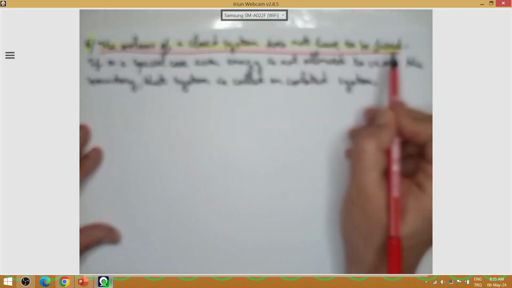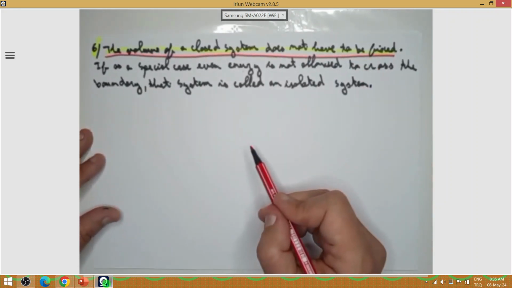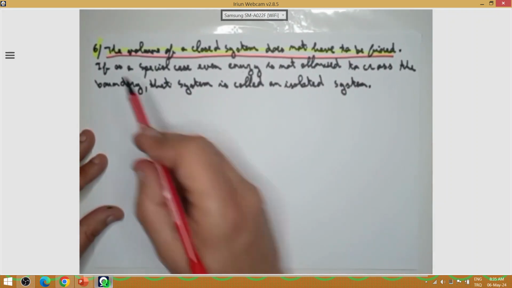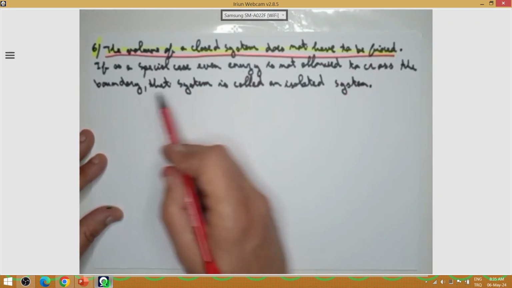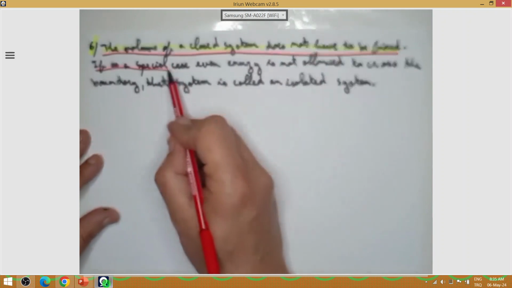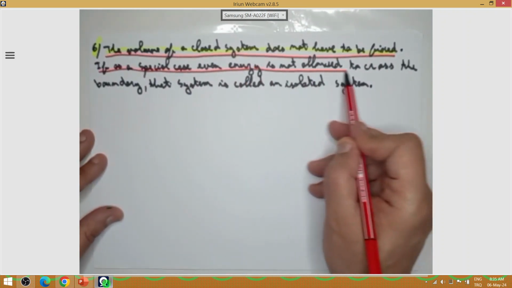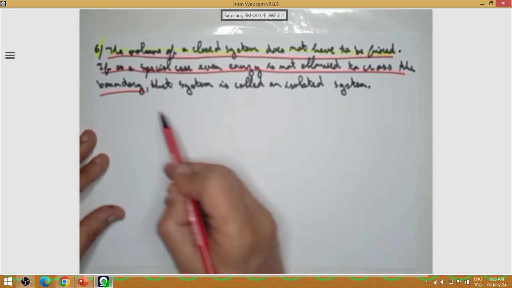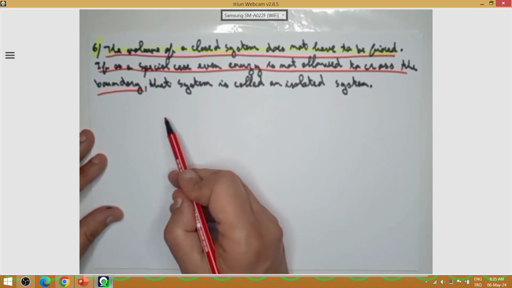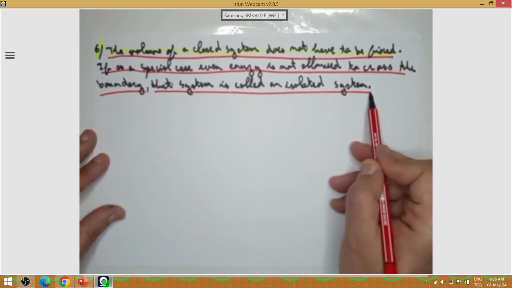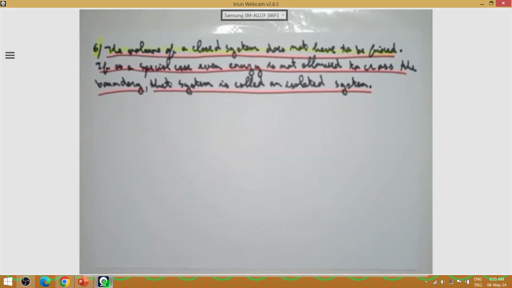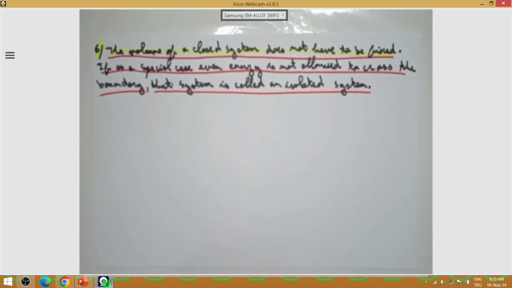It can be variable. If as a special case even energy is not allowed to cross the boundary, that system is called an isolated system.